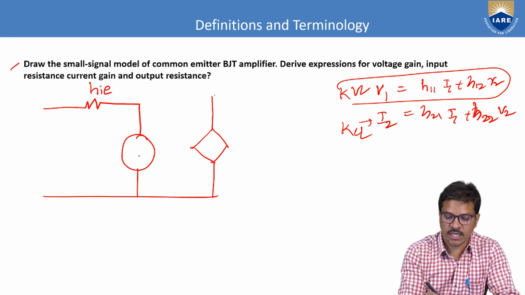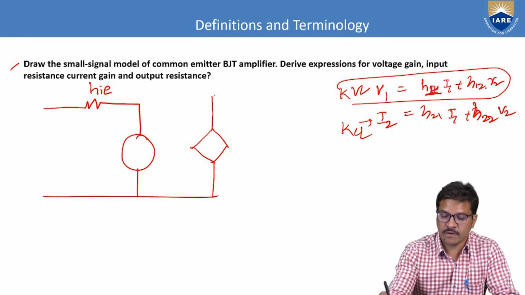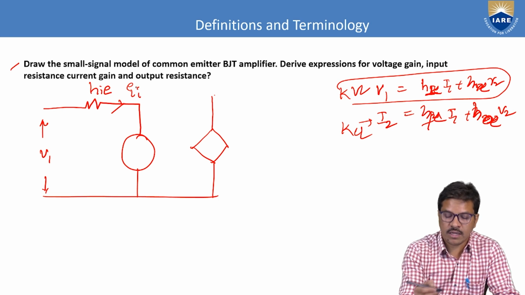In order to represent this KVL, it looks like a series network with H parameter values. This is the generalized representation, H11. We can take HIE, HRE, HFE, HOE. So by that KVL law, V1 is equal to H11 I1 plus H12 V2. Based on the configuration, the currents and voltages change.